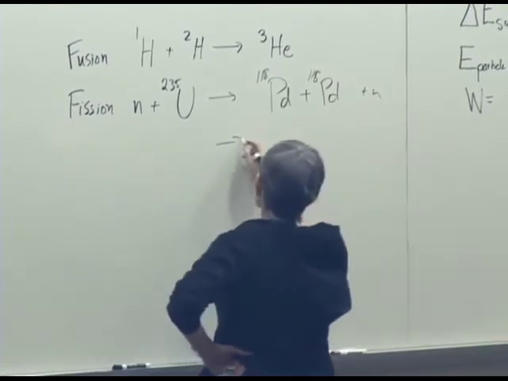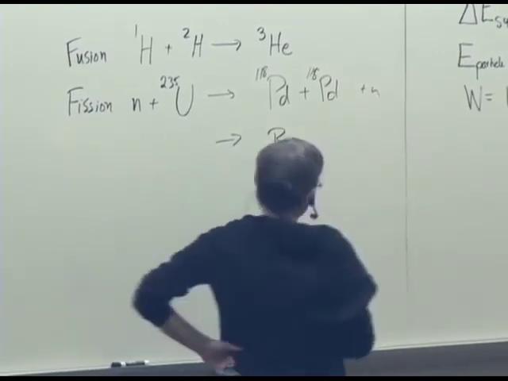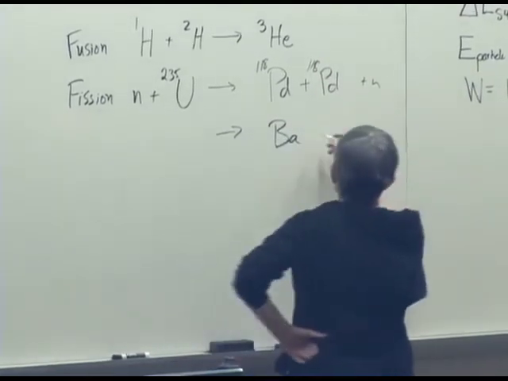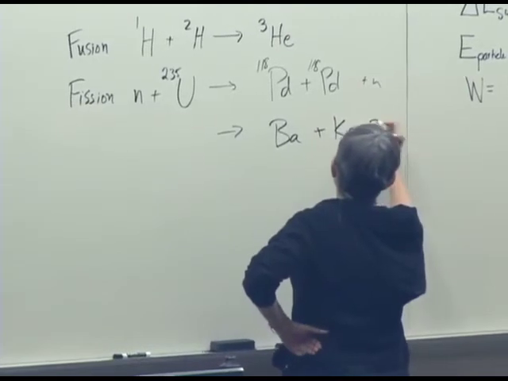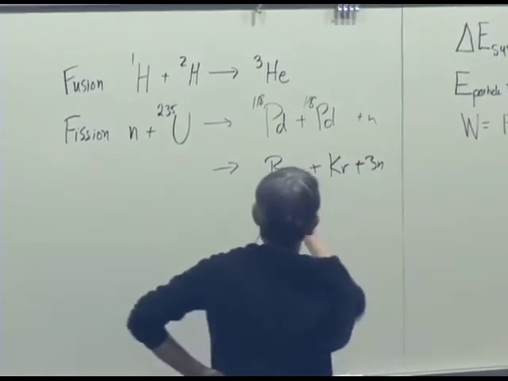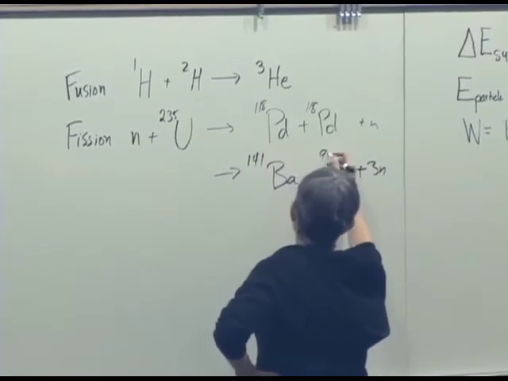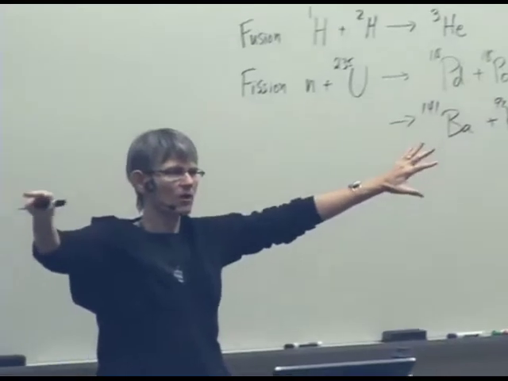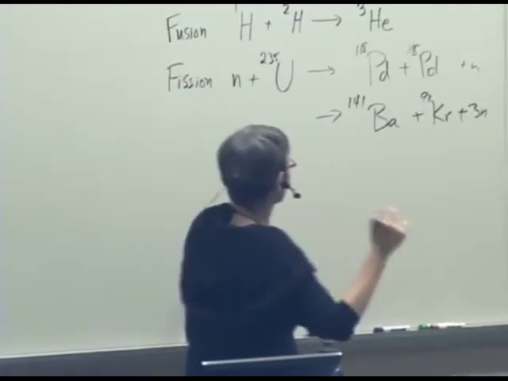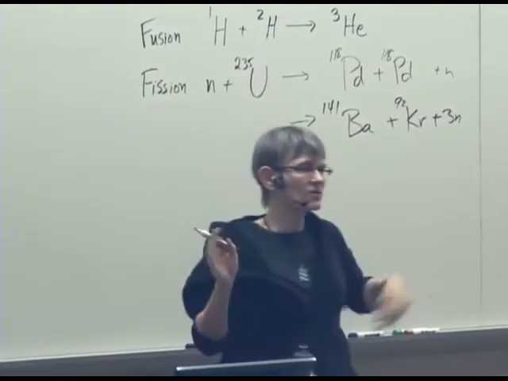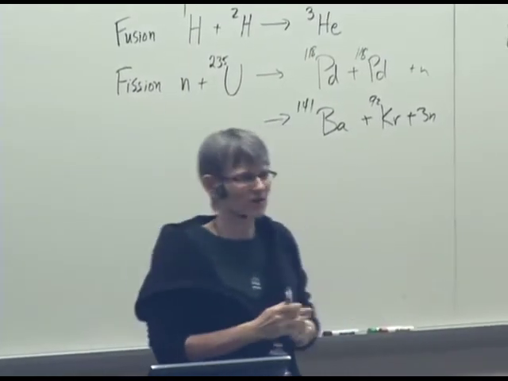It could split into something like barium and krypton. So that would be barium 141, and krypton I think is 92. So the actual nucleus can just fall apart and release energy. Interestingly, there's more of that going on than you might think.